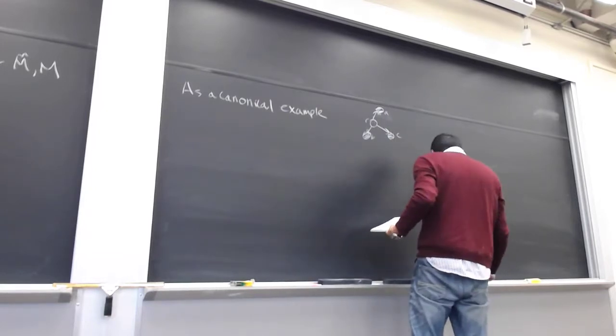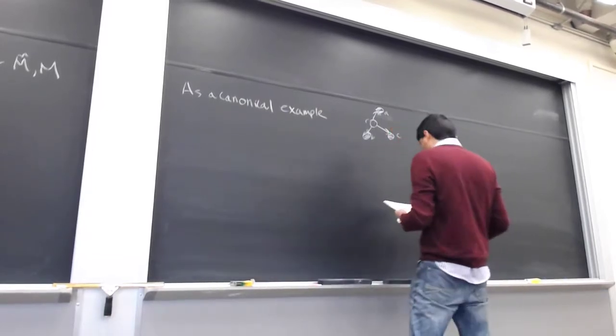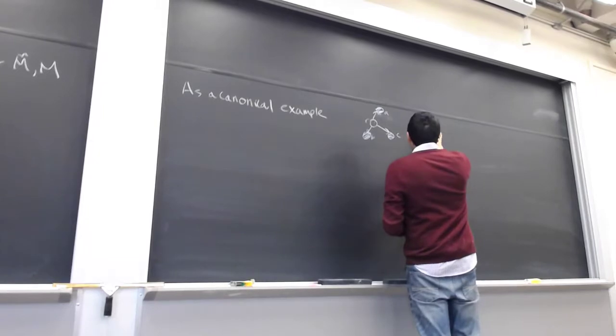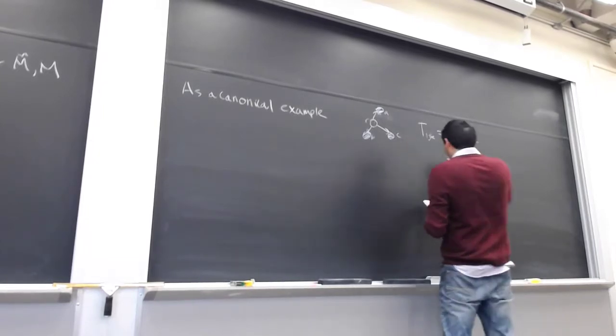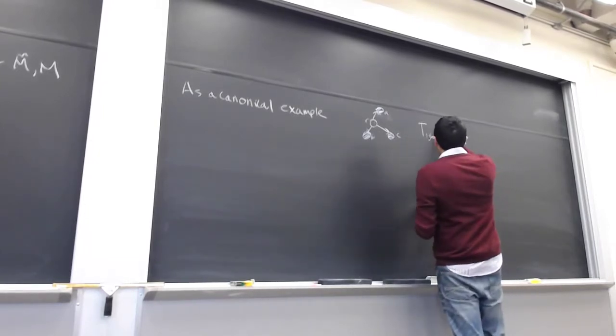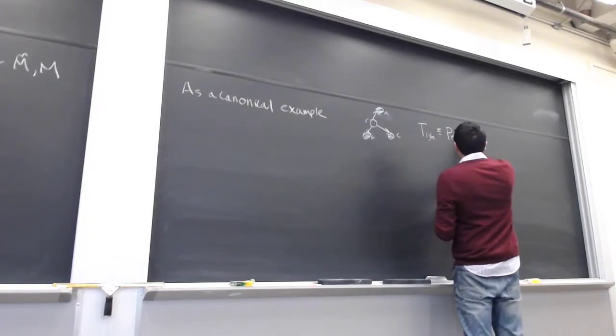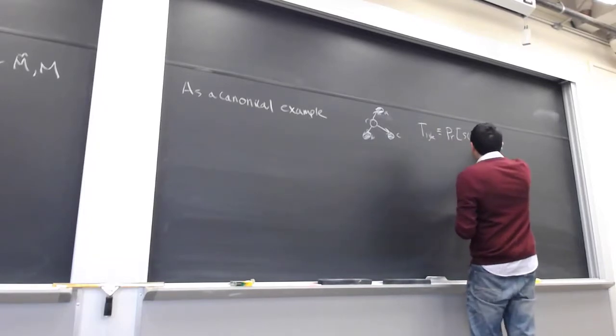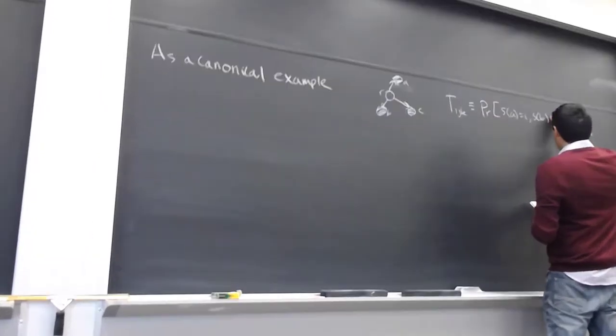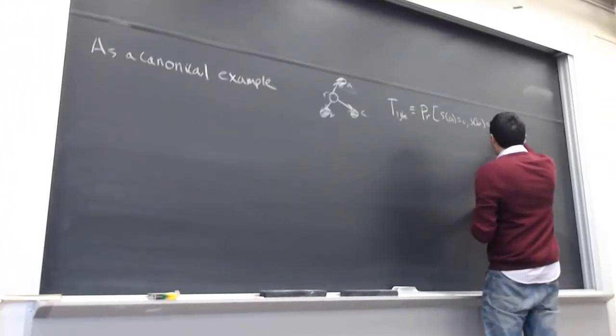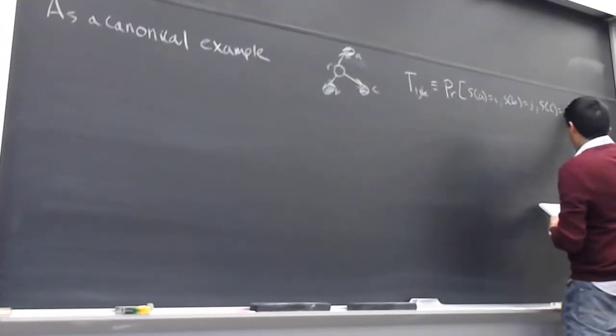And the way that we applied our tensor decompositions was that we defined Tijk as the probability that the state of A is i, the state of B is j, and the state of C is k.